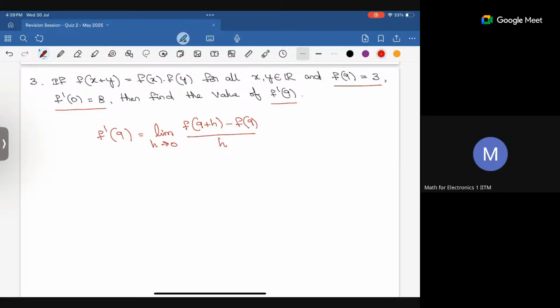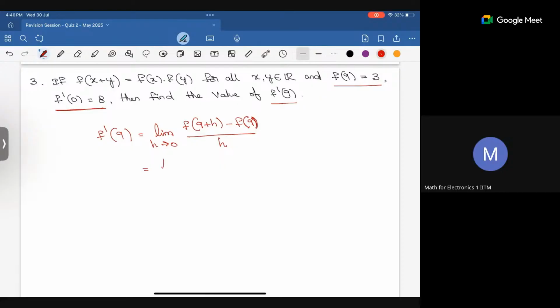Why have I written it in this fashion? Because I can use this f of 9 which is given in the information, but f prime of 0 is also given. If I can pull in f prime of 0 somewhere to solve for f prime of 9, then our job is done.